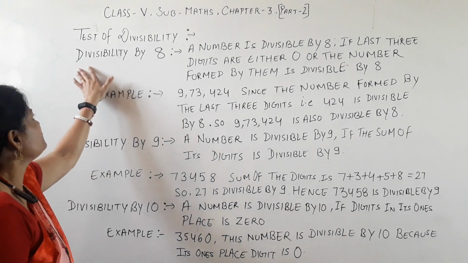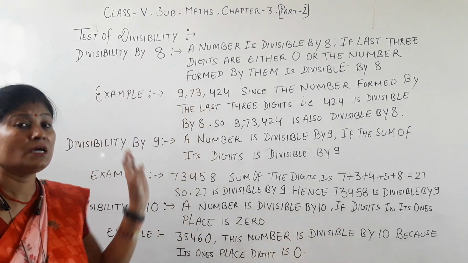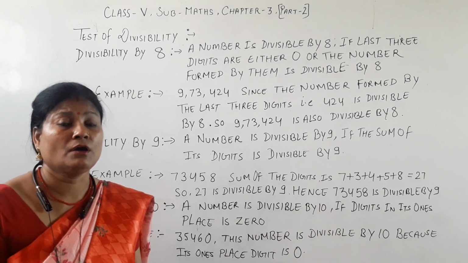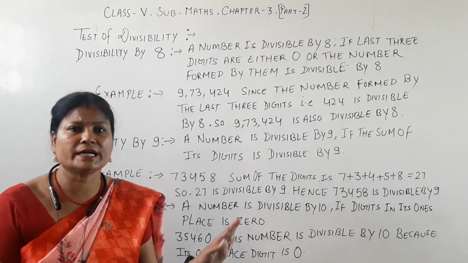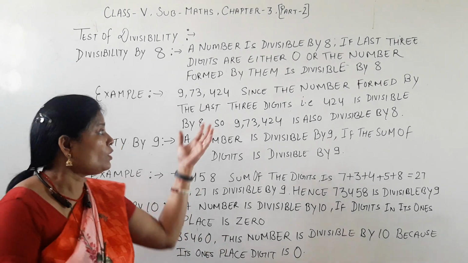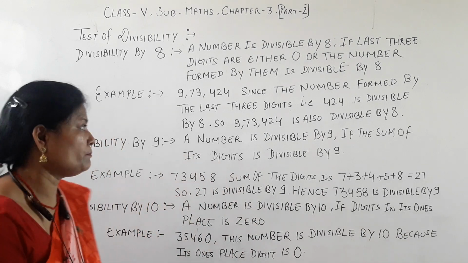Now we are doing the divisibility rule of 8. Means if any number is given to us, how do we tell it is divisible by 8 without actual division. Divisibility rules mean we will not divide any number, and only by seeing we can say that this number is divisible by this number.